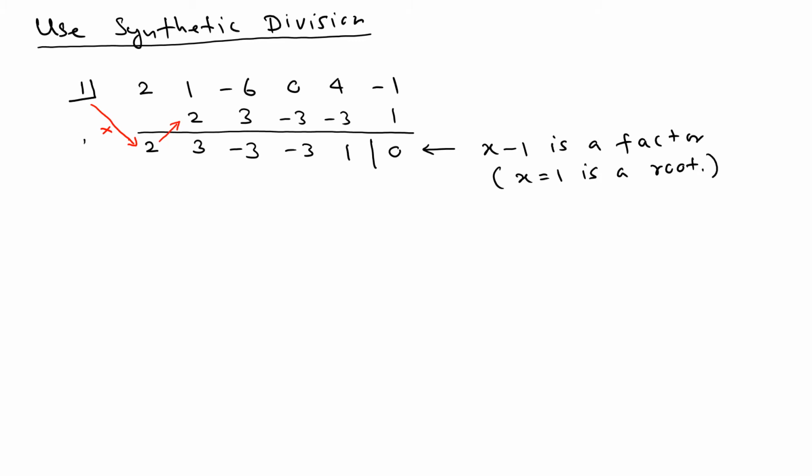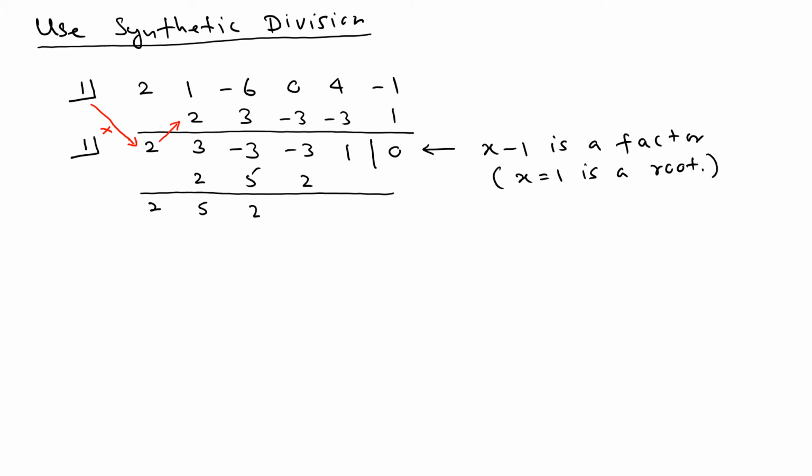It's always good practice to check 1 again because it's easy to work with. So let's do that again. The same process. We copy 2 down here and then multiply. So 1 times 2 is 2. Add, you get 5. 1 times 5 is 5. You add, you get 2. 1 times 2 is 2.